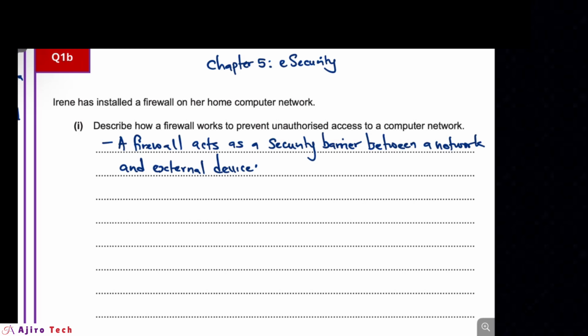Please let me know if you can see my handwriting in the comment section. To describe how it works to prevent unauthorized access to a computer network: it acts as a security barrier between a network and external devices, and it monitors incoming and outgoing data packets.